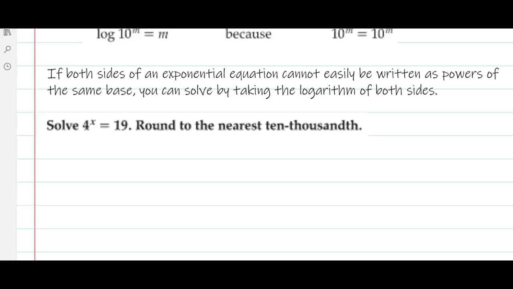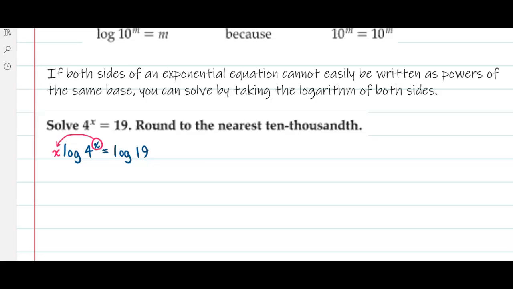And the way we're going to do it, we're going to literally take the log of both sides of the equation. Just like that. Next, we're going to think about that property we learned in our last video that says that if you have an exponent in a logarithm, it can come down front and become a coefficient.